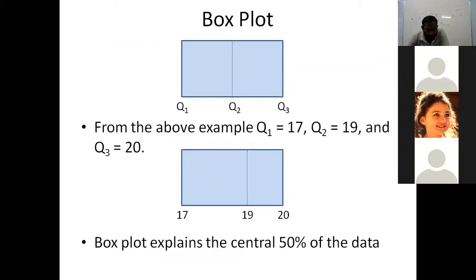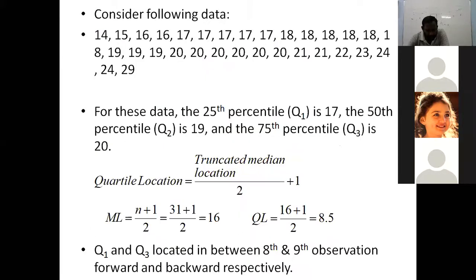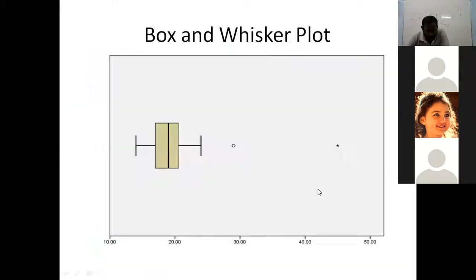Let's look at the data. What is the value in between 17 and 12.5? We have 17, 16, 15, 14. Yes, fine. You are right.